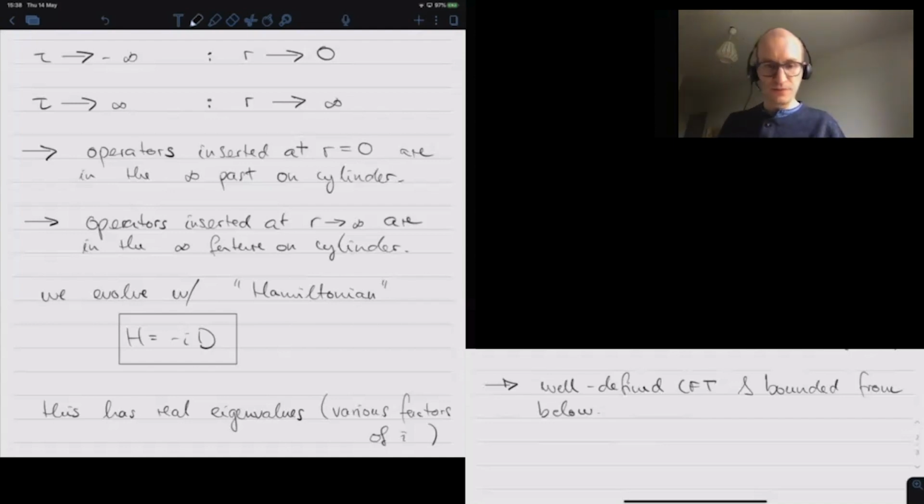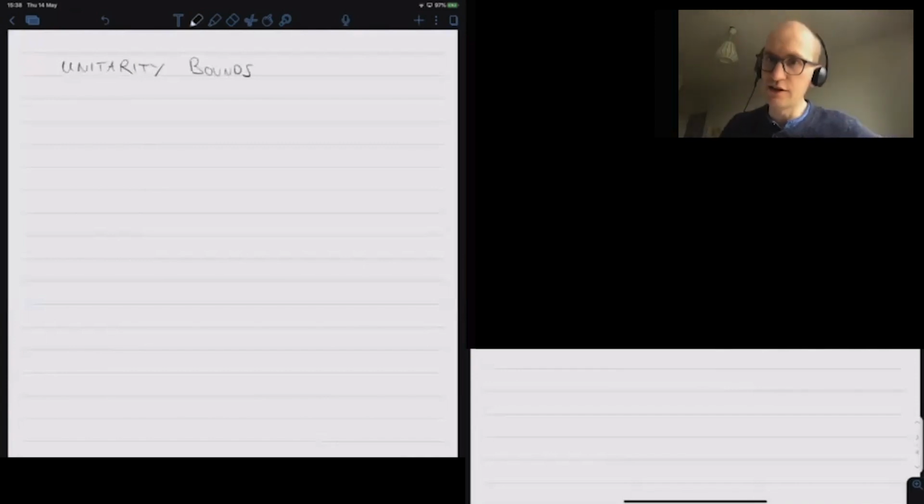Then let's go to these constraints on conformal dimensions, which are what is usually known as unitarity bounds. Now we're going to have to do a little bit more of these mental gymnastics related to thinking about theories on the plane and on the cylinder and the implications of conformal symmetry on that.